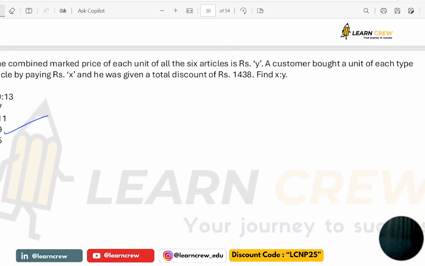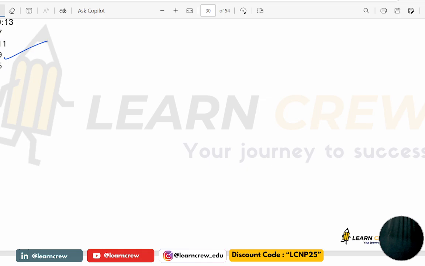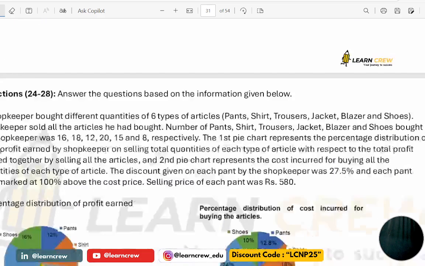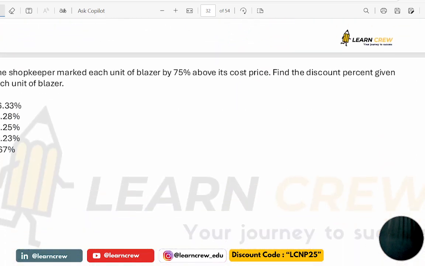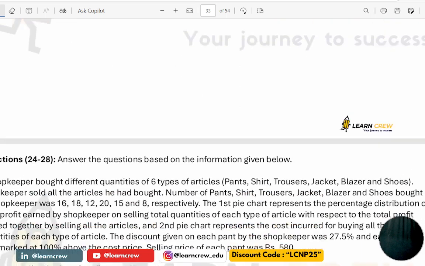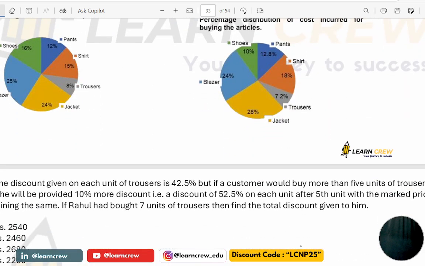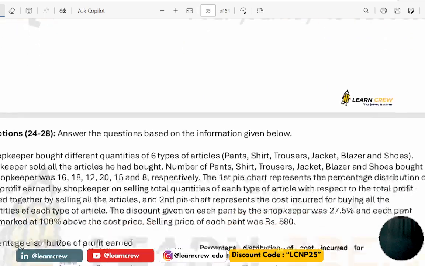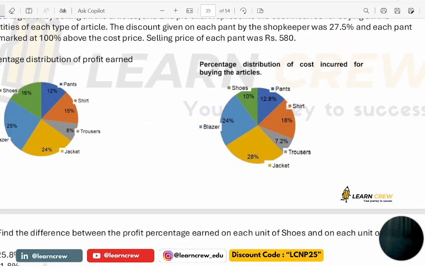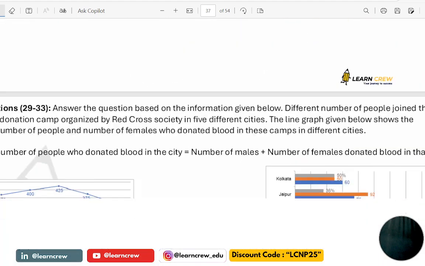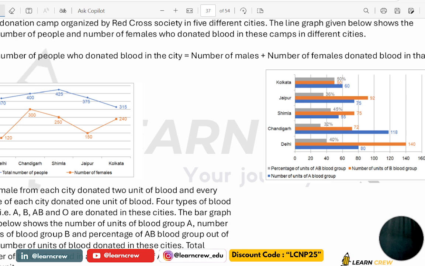You need to find the remaining values and check. 25 answer is 4. 26, the answer will be 2. 27, the answer is 1. So all are based on the same data. And 28, the answer will be 2. Okay. So these 4 questions are based on the same data. You please complete. Right. Now see the next one.